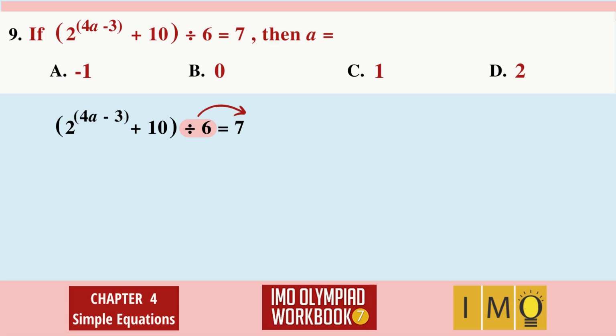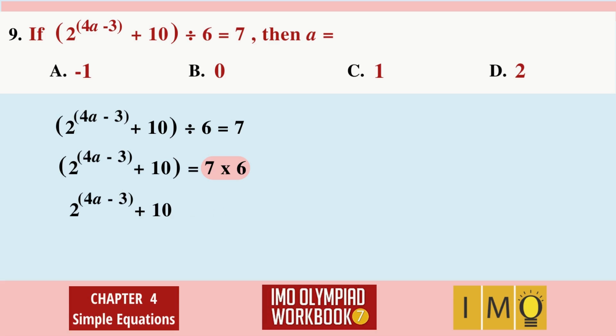What we get is 2 to the power of 4a minus 3 plus 10 is equal to 7 into 6. 2 to the power of 4a minus 3 plus 10 is 42. Moving the plus 10 to the other side results in 2 to the power of 4a minus 3 is equal to 42 minus 10. So 2 to the power of 4a minus 3 is 32.